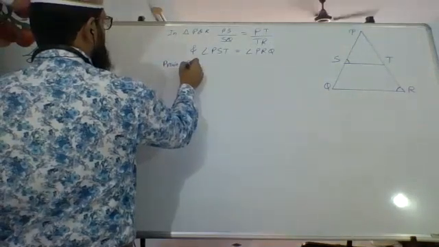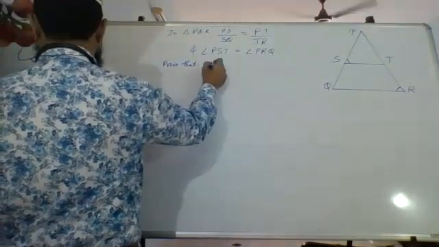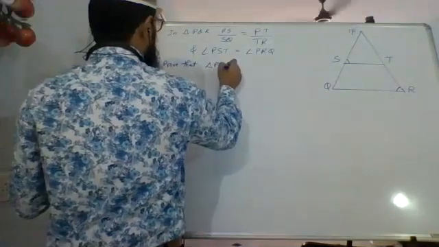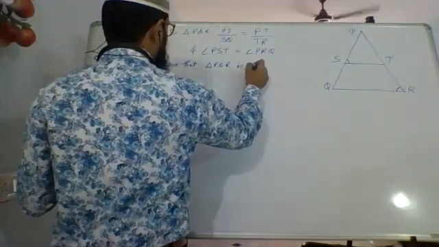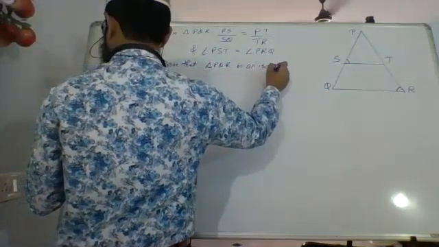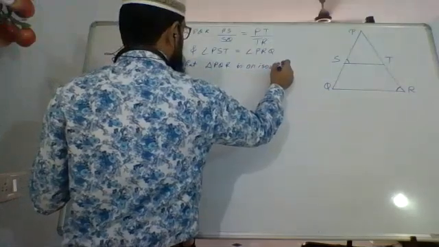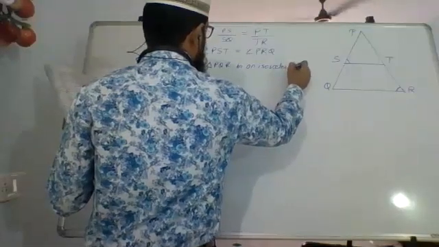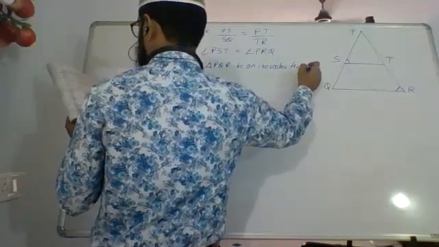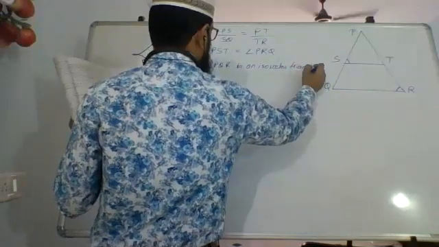Prove that triangle PQR is an isosceles triangle.